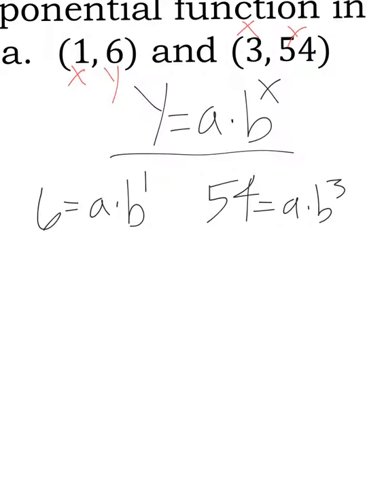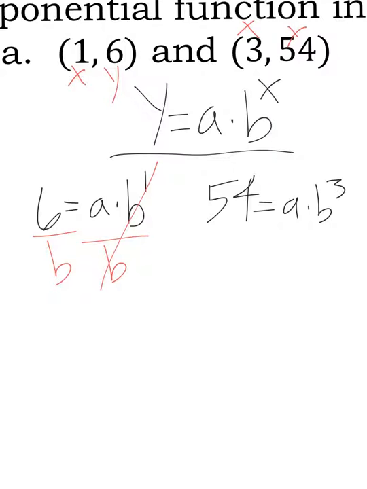Once you plug in your 2 points, you have your two equations. Solve one equation for a, and then plug that in. So if I'm going to solve for a on this one, I just need to divide by b, since b to the first power is just b. So it's kind of like physics, where you're solving for a letter, like force equals mass times acceleration, solve for acceleration.